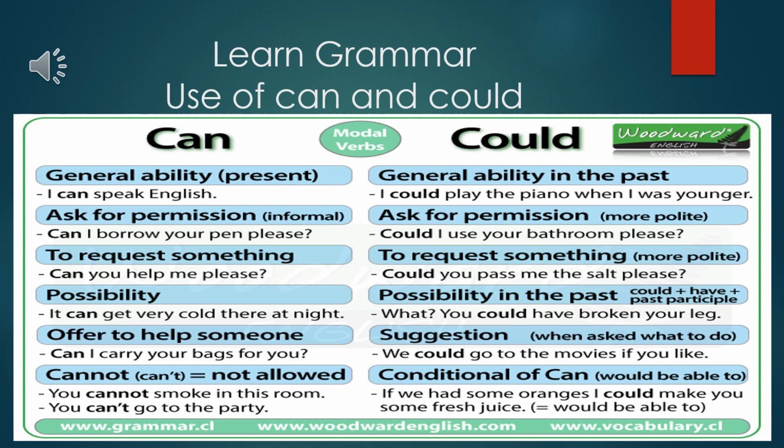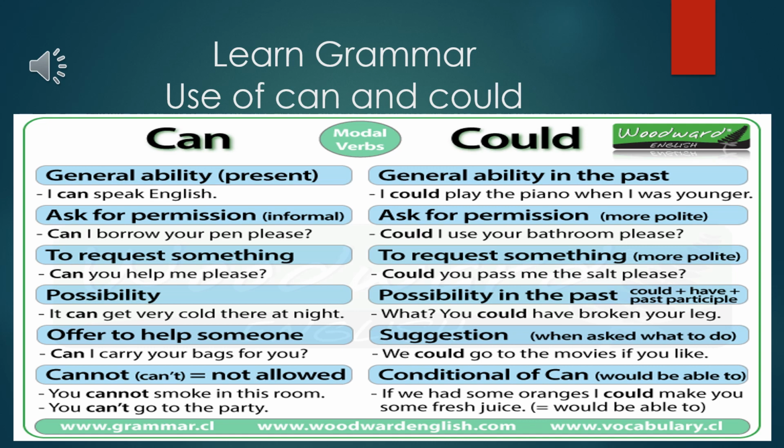When we offer to help someone and we give suggestion to somebody, then we use can and could. And we use cannot, can't, or couldn't as well. When something is not allowed in the present or in the past, then we use can't and couldn't as well. So these are the general things, and that's how we use can and could in various ways.